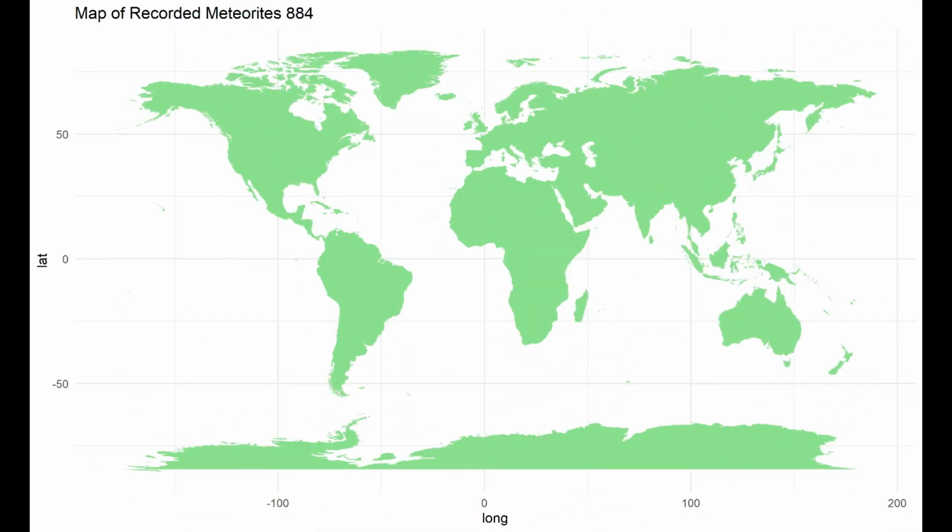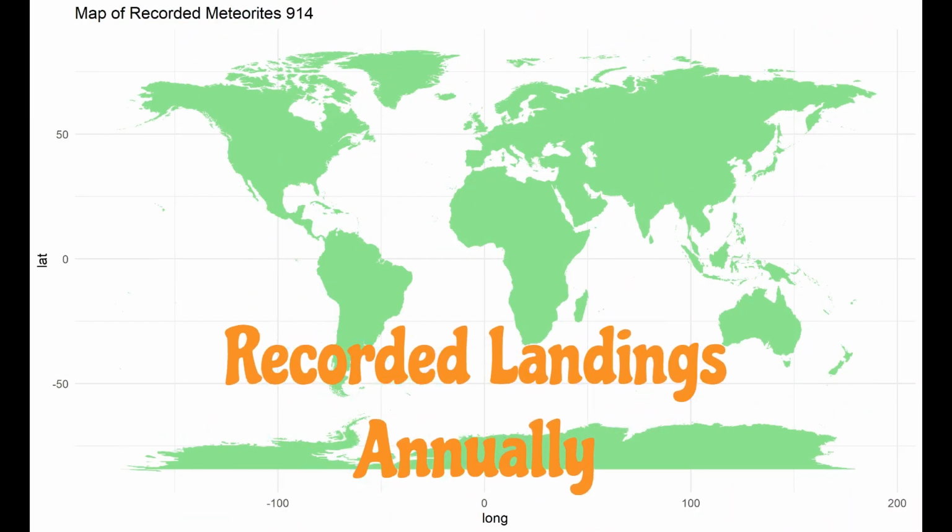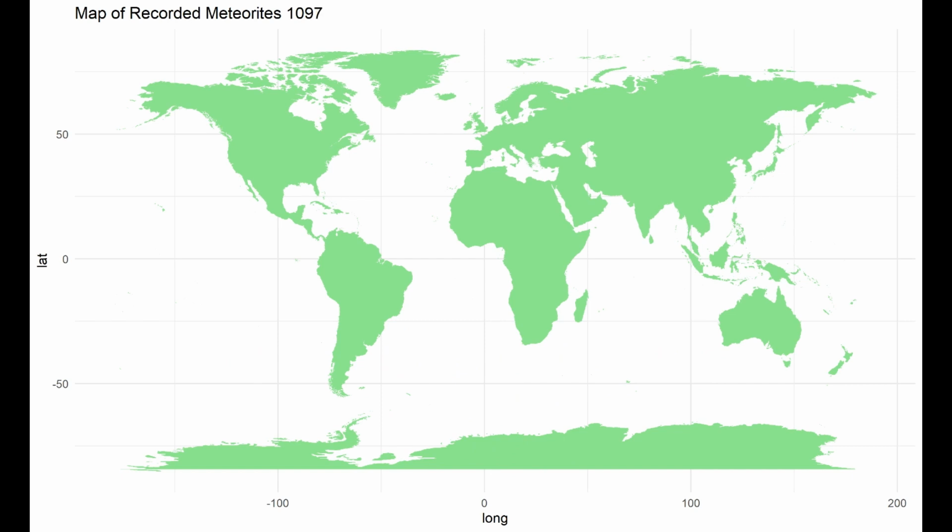What we're looking at with the following graphic is each meteorite landing, whether it was found or whether it had fallen, each year that had a recorded meteorite. So we are looking at the years 860 to the year that this data set ends, which is 2013.